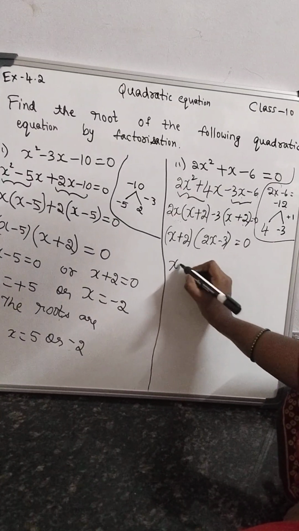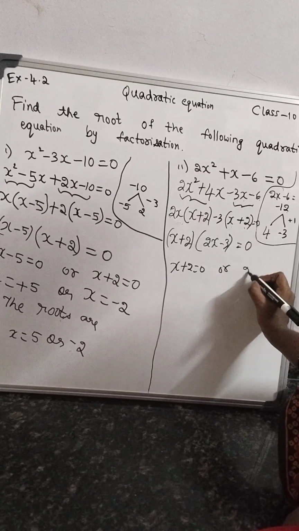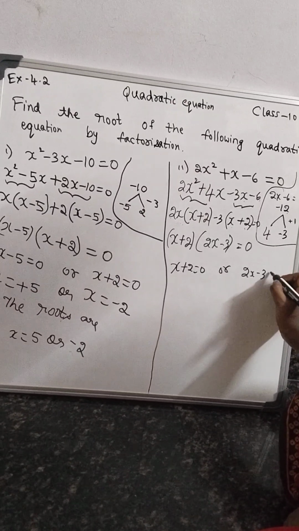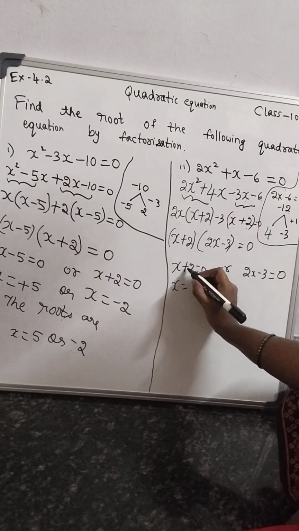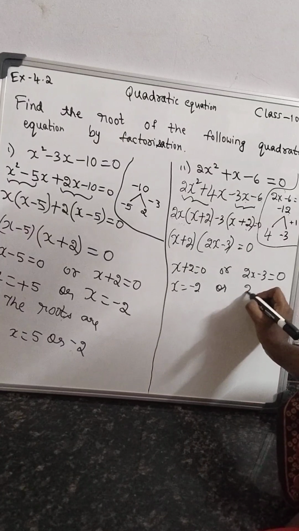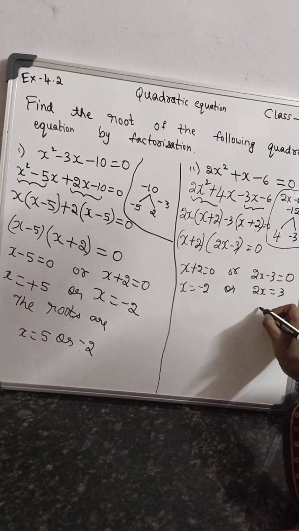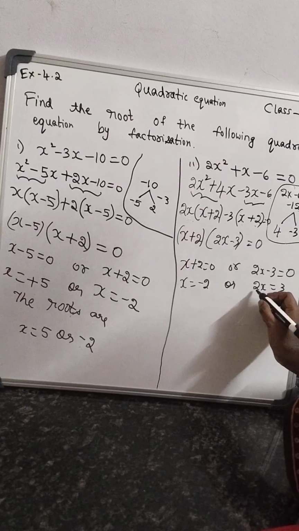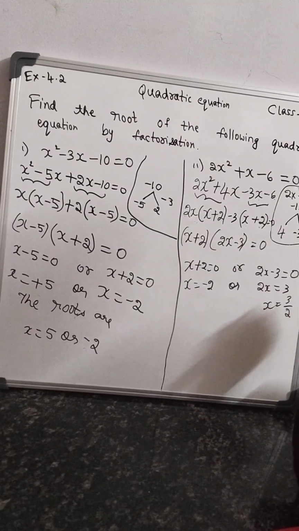That's why we can write it as x plus 2 is equals to 0, or 2x minus 3 is equals to 0. X plus 2, when it goes to the other side it becomes minus 2, or 2x minus 3, when it goes to the other side it becomes 3, and x is equals to 3. Multiplication, when it comes to the other side, comes as division.